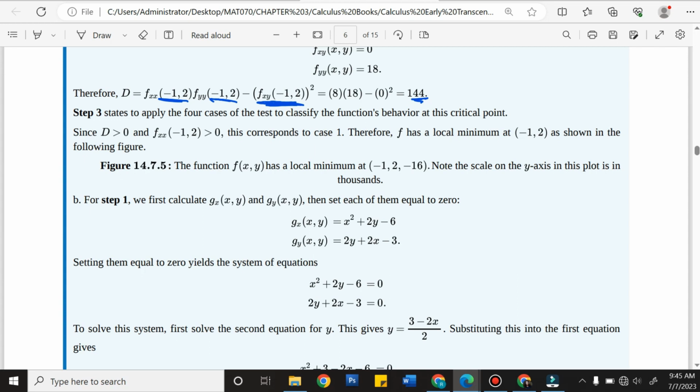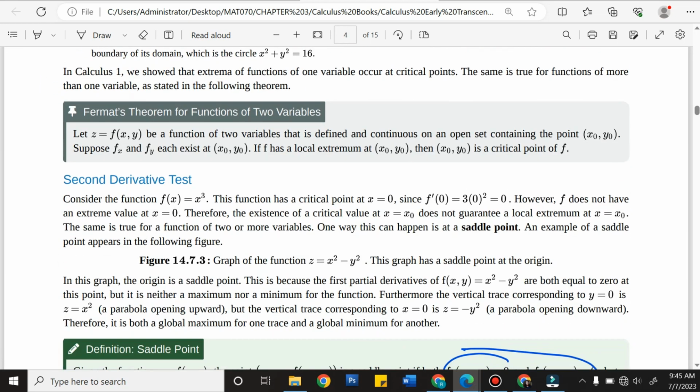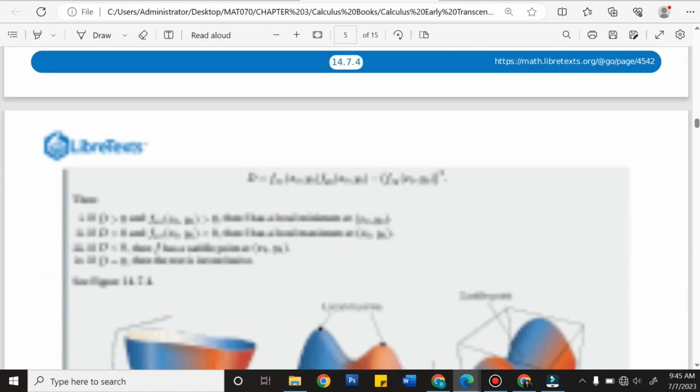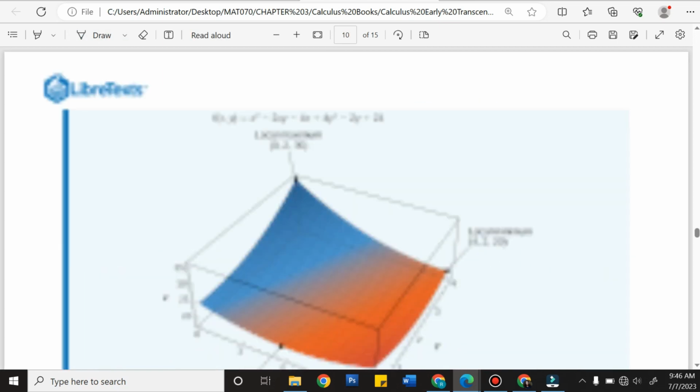Since 144 is greater than 0, we go back to the condition. Greater than 0, so we are at the first and second cases. Check if the second derivative is less than 0 or greater than 0. Then there you determine if it is a maximum or minimum.